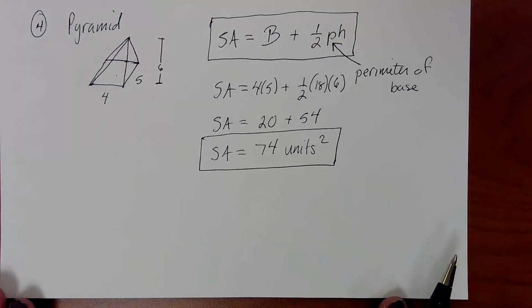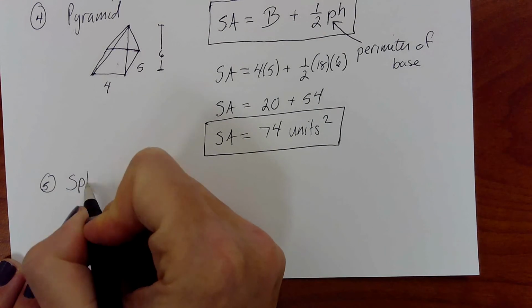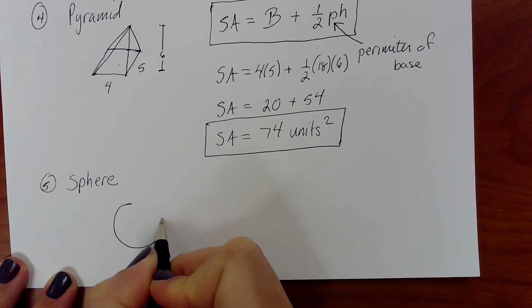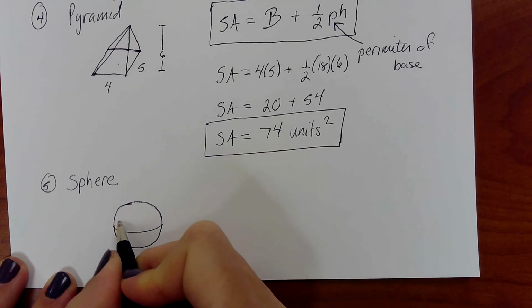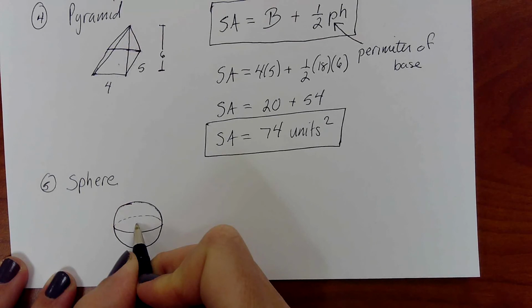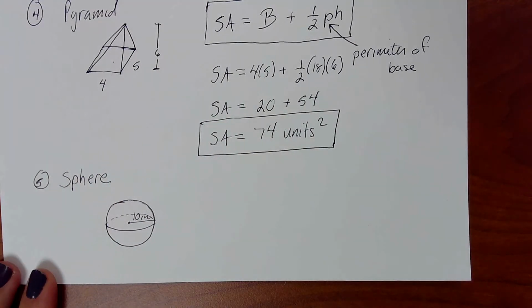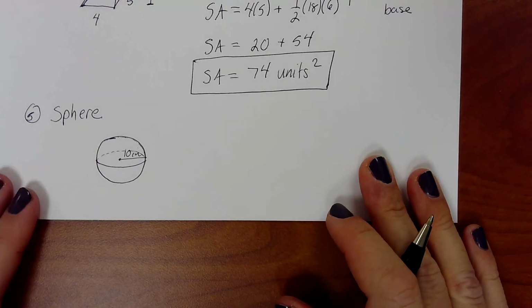All right. Okay, and the last one we're going to do is a sphere. And let me draw a sphere. And let's say 10 inches is the radius. Okay, now what's the formula for a sphere?